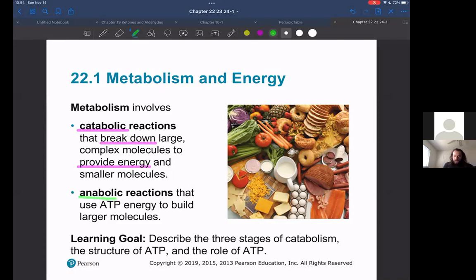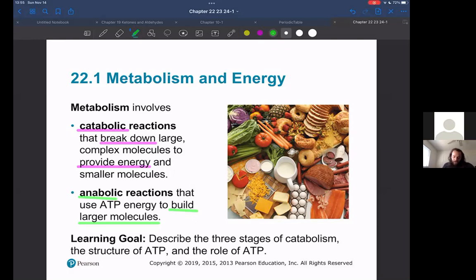Anabolism, or anabolic reactions, are the exact opposite. These are reactions that require energy, but they build larger molecules, like protein synthesis, building glycogen, or even creating new cells. These are all reactions that require energy because you're building something larger from smaller building blocks.